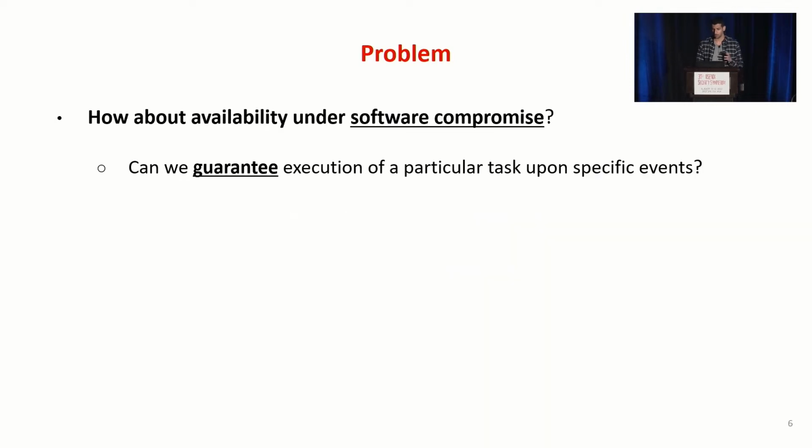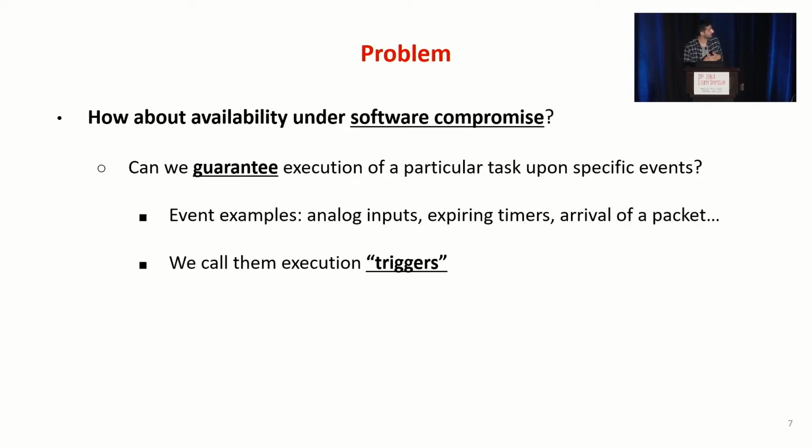So we ask: can we build roots of trust that guarantee some kind of availability for trusted code, even under a compromise of all software in the system? And can we guarantee that this desired task is always executed upon a certain trigger, upon a certain event of interest? Examples of events include analog inputs such as a sensor value exceeding a threshold, or expiring times, if you want to guarantee a task that executes from time to time, like in real-time settings, as discussed in the previous talk.